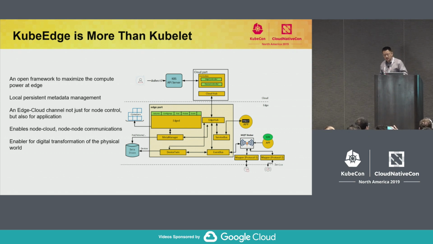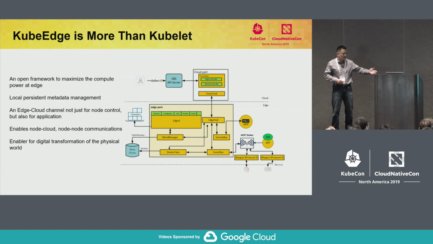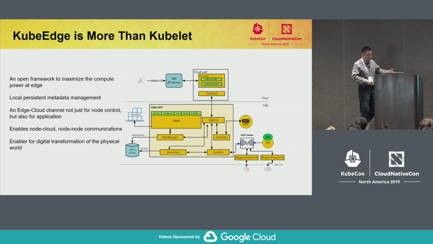So on this slide, I want to clear some air. There are some discussions in forums and others talking to us, asking what's the difference between this and just a kubelet, right? I think it's pretty clear with the overall architecture already. I just want to emphasize that what we do here is a full-fledged platform for edge computing. Its overlap with kubelet is actually in this box in the center marked as EdgeD.